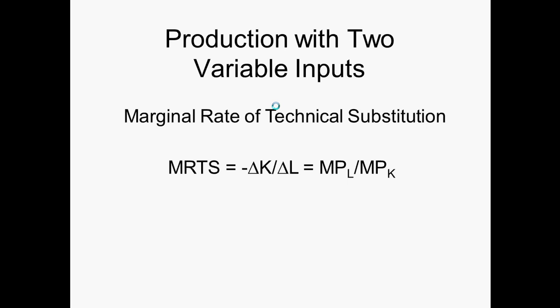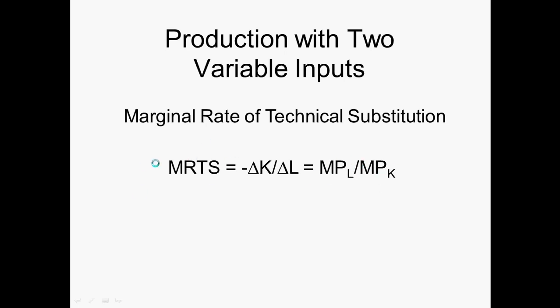Within that range, we can have a concept called the marginal rate of technical substitution. Technical substitution is a trade-off between production inputs, so trading off capital for labor, for example. Along the isoquant, it's the negative of the change in capital over the change in labor, or the ratio of the marginal products of capital and labor.